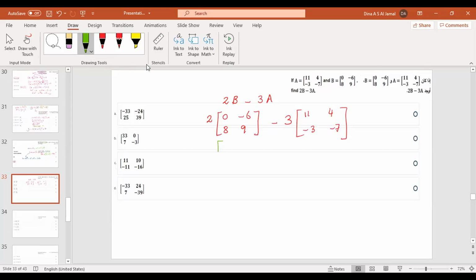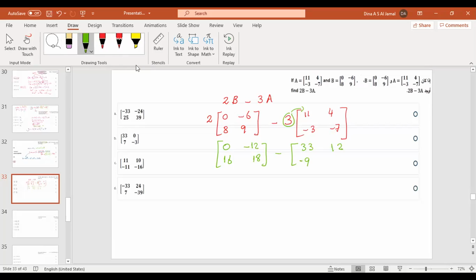Scalar multiplication means you will be multiplying each entry by this number. So 2 multiplied by 0 is 0, 2 multiplied by 8 is 16, 2 by minus 6 is minus 12, 2 by 9 is 18. Then minus, you will be taking the 3 times A: 33, 12, minus 9, minus 21. Let me just make it clear.